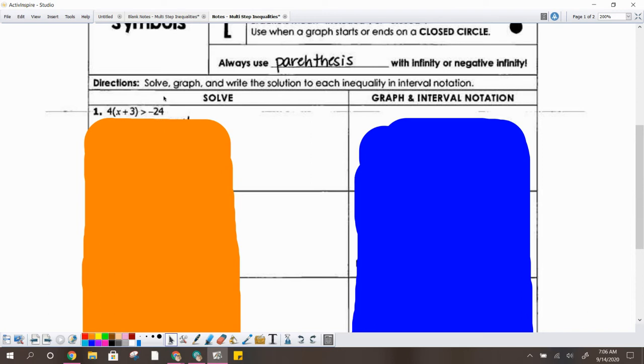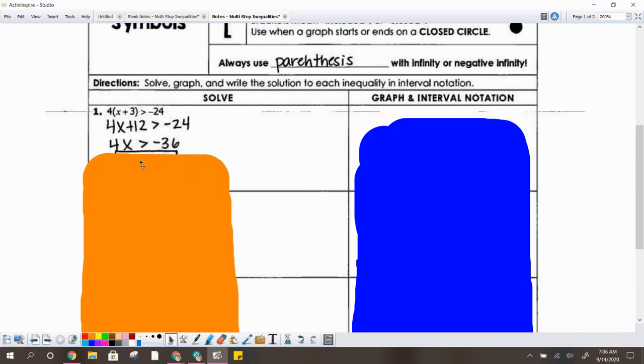For number 1, the first step is we distribute. We're distributing 4 to both the x and the 3, so we have 4x plus 12 is greater than negative 24. Next step is to get rid of this plus 12, so we subtract 12 from both sides. When we do that, we get 4x is greater than negative 36. Now, to get x to be equal to 1x, we need to divide by 4.